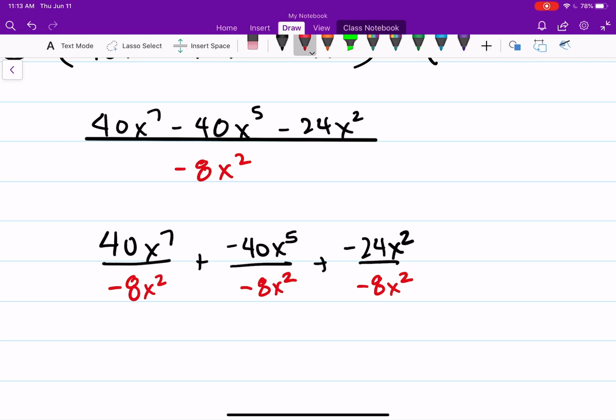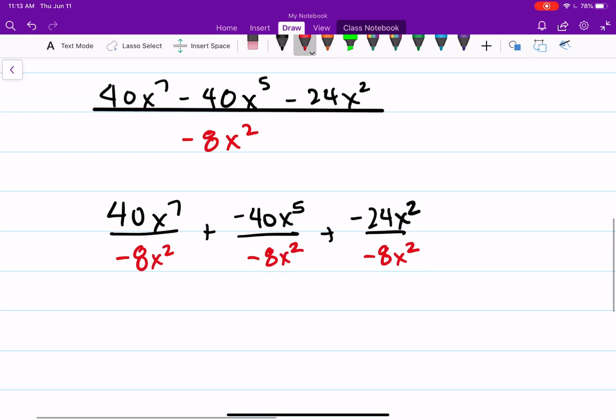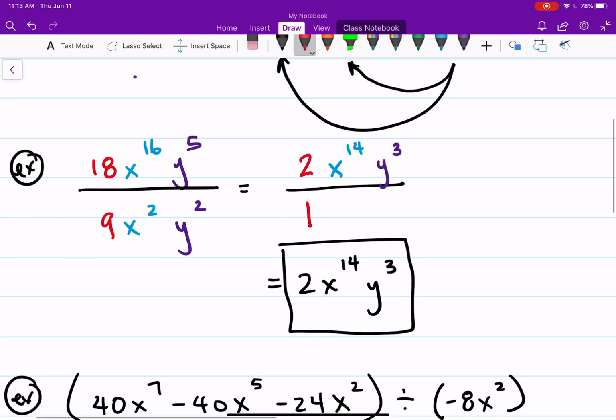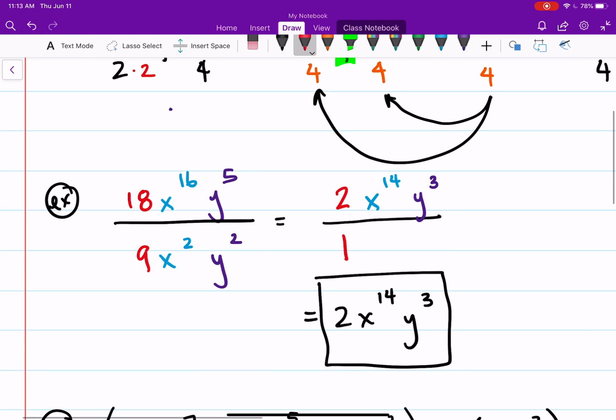So now we have basically three individual fractions.